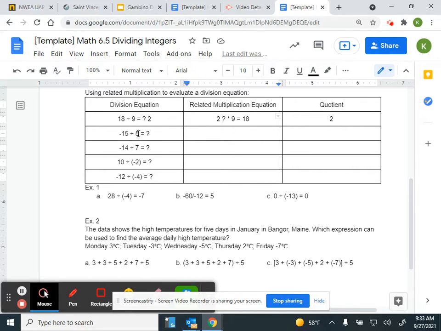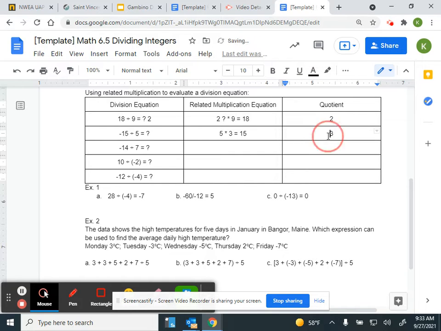So if you're not sure off the top of your head, 15 divided by 5, you're going to want to look and see, well, 5 times what equals 15? So what would that be, Zoe? 3. Yeah, so 5 times 3 equals 15. So we know that our quotient is going to be that 3.